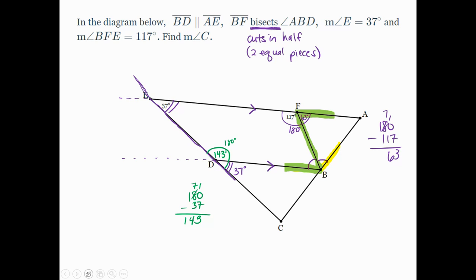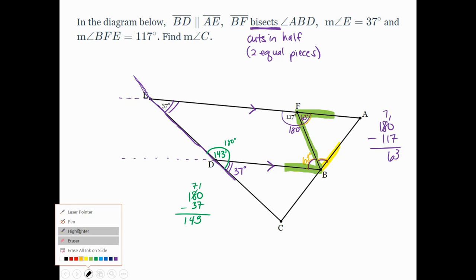Let's do orange. So this 63 degrees right up here matches this 63 degrees right down here, which means this one over here also has to be 63 degrees because we said those were two equal pieces.